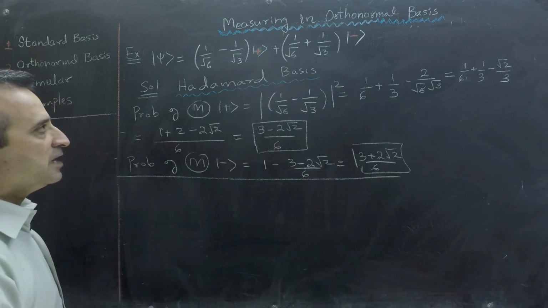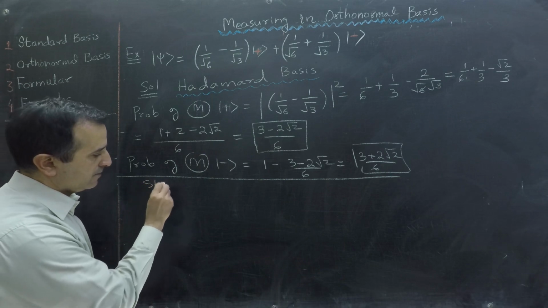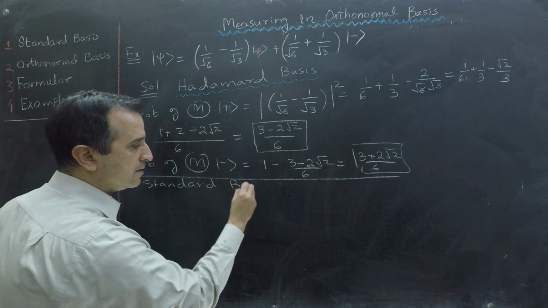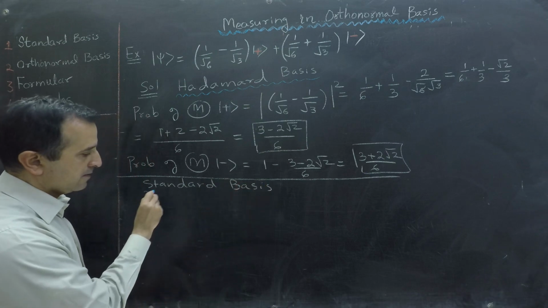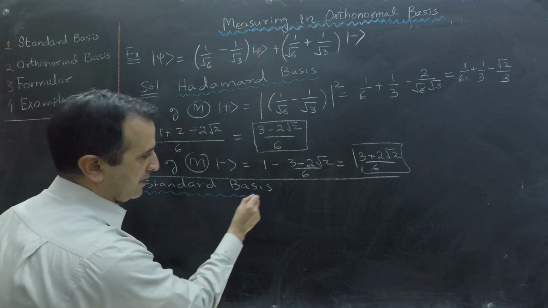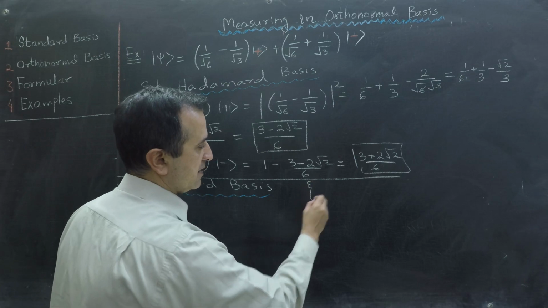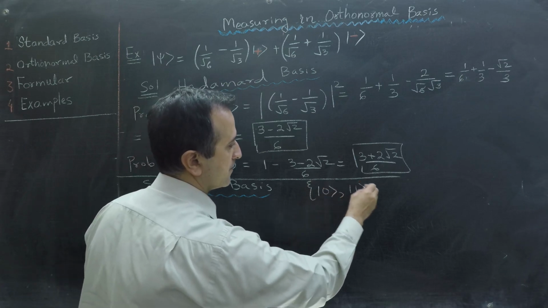Now we have to measure this qubit in the standard basis. Recall that in 2D, our standard basis is composed of ket 0 and ket 1.